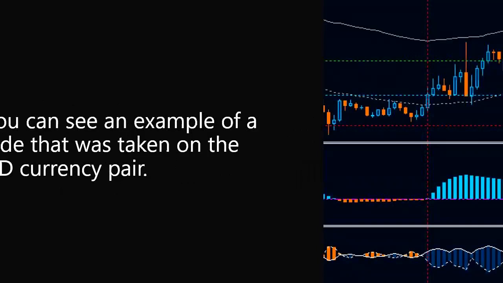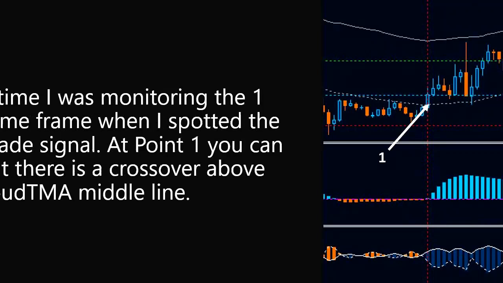Okay, so in this example here, we're going to have a look at a buy trade, and this was taken on the Euro USD currency pair. And the red line again will indicate the candle that I'm looking at. At the time, I was monitoring the 1 hour time frame when I spotted the valid trade signal.